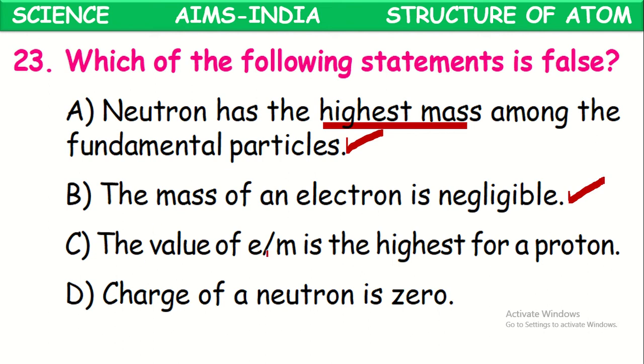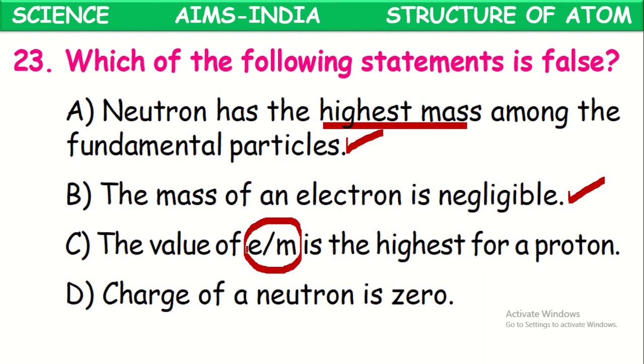Now, the value of e/m is highest for proton. The value of e/m is also called specific charge. Here e represents charge and m represents mass. So see, the charge by mass ratio will be greater for the particle with a small size. We know among the three fundamental particles, electrons have a very small size.